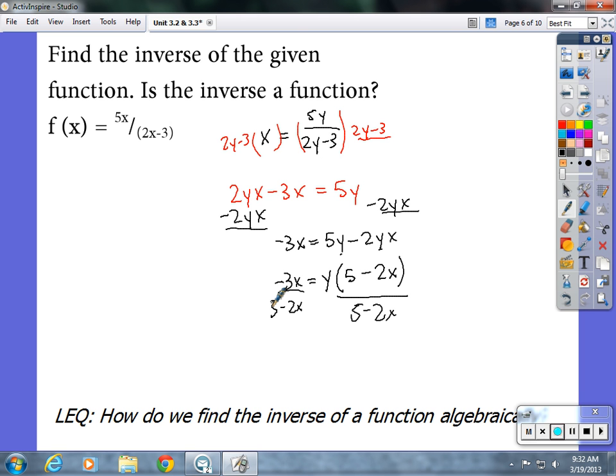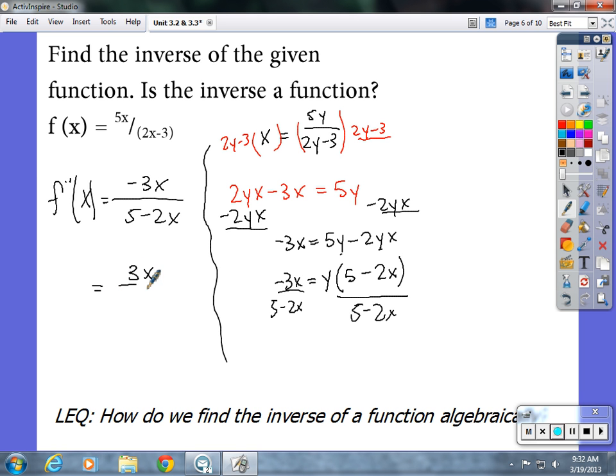And I end up with the inverse of f of x equaling negative 3x over 5 minus 2x. Now, depending on your steps, you may have gotten a little bit different looking result. You may have gotten 3x over 2x minus 5, both of which are equivalent.